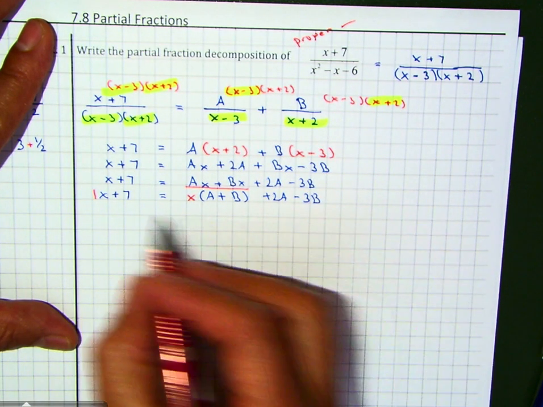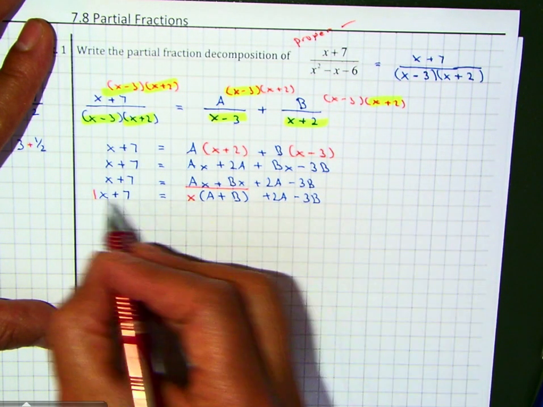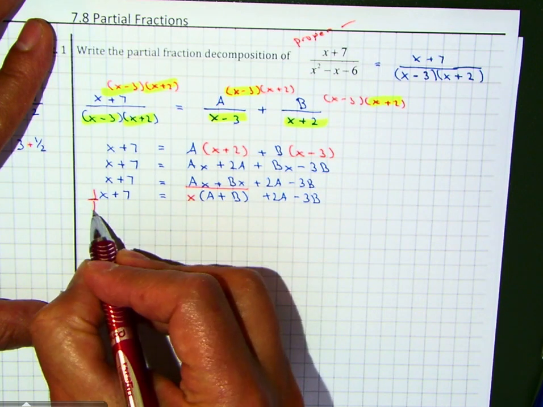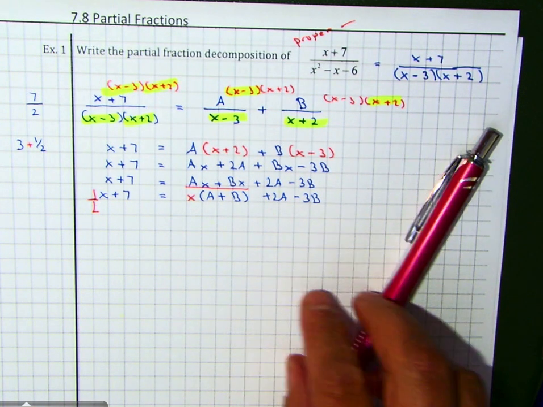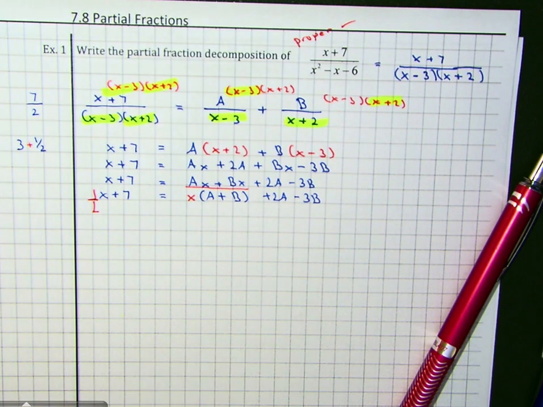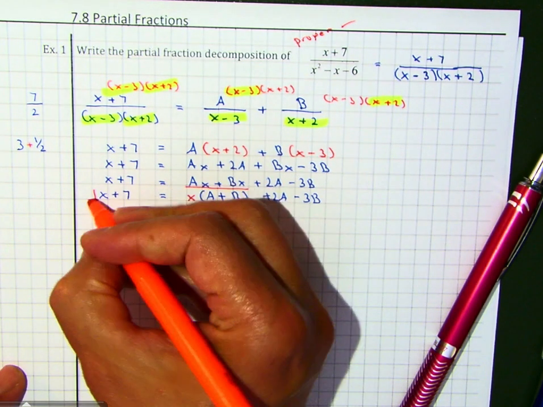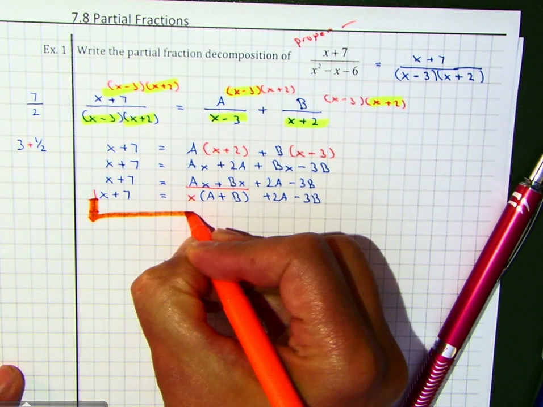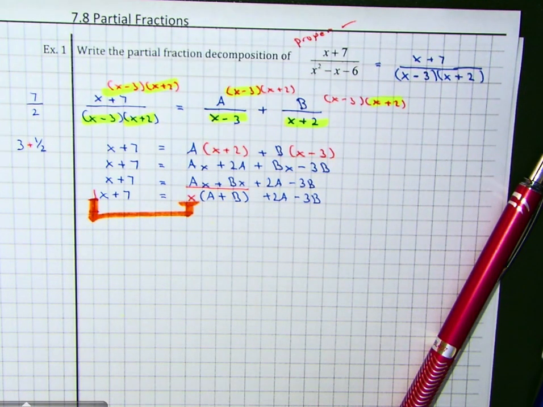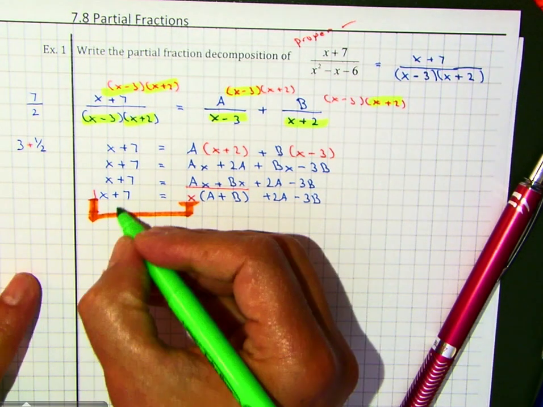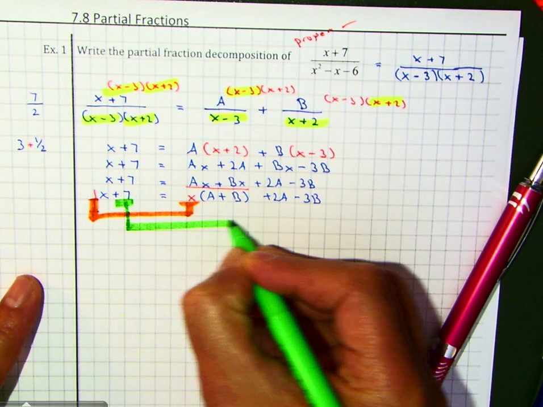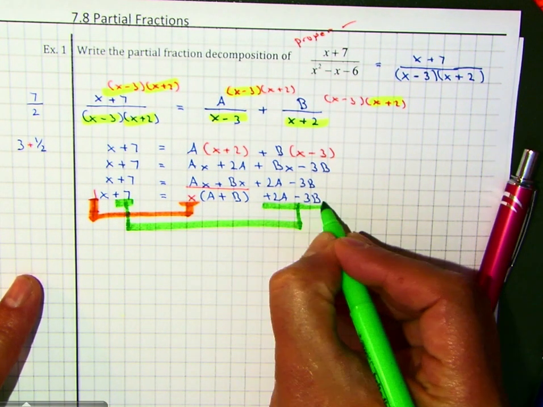So therefore, if those two expressions are equal to each other, then I know that my 1 should be equal to the x coefficient. Do you guys agree? And my 7 should be equal to this expression here.